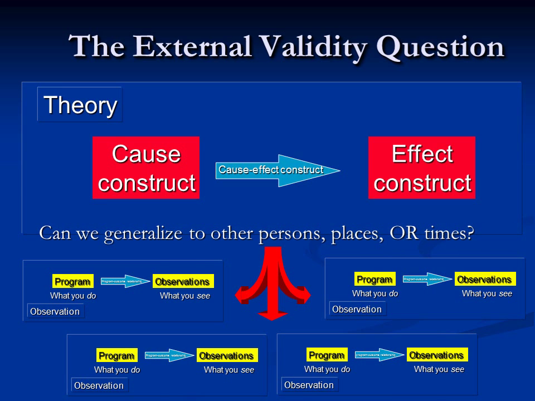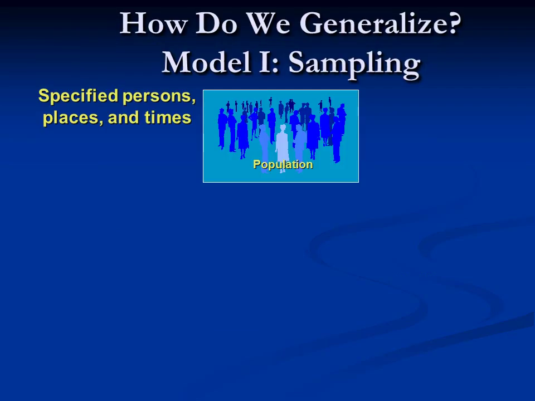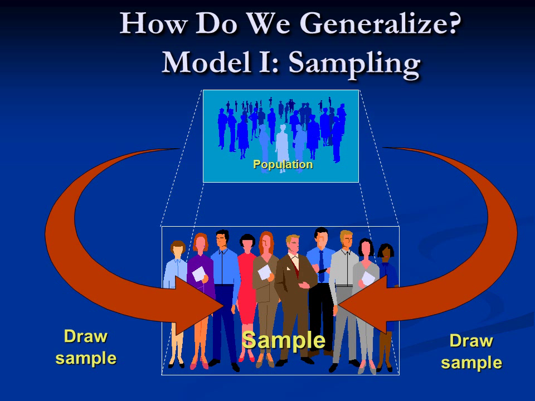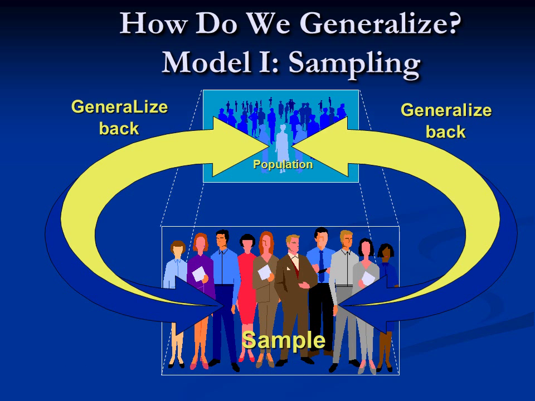There are two ways in which we address generalizability in any research study. The first, the more commonly applied approach, is one of sampling. Sampling is quite simply taking a subset of the population. You draw a sample, you conduct your study on your sample, and whatever the results of the study are, you generalize it, or what we call externalize it, back to the population.